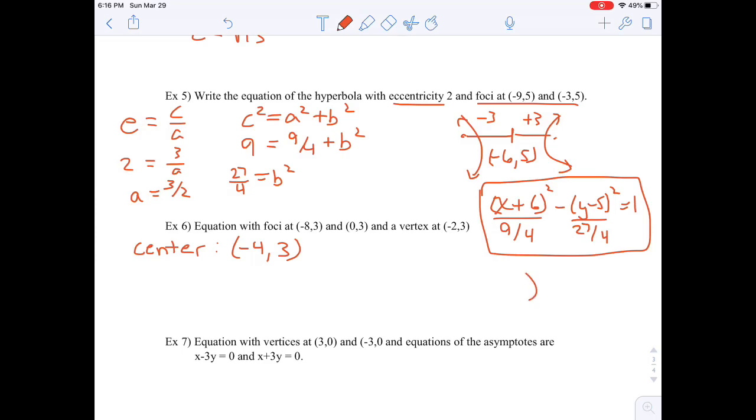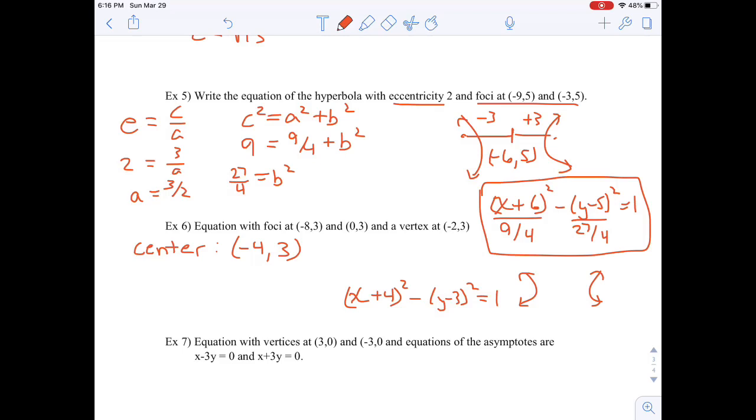Which means that we must be going horizontal again, because our y value didn't change there. So we've got x plus 4 squared minus y minus 3 squared is equal to 1.